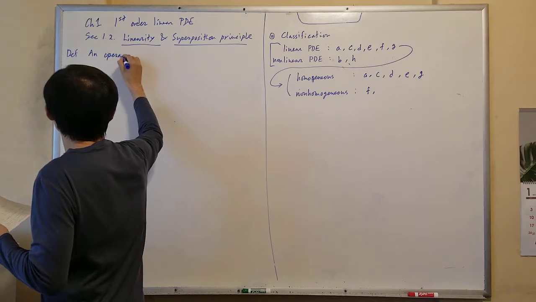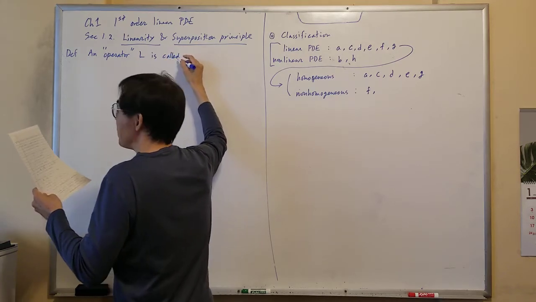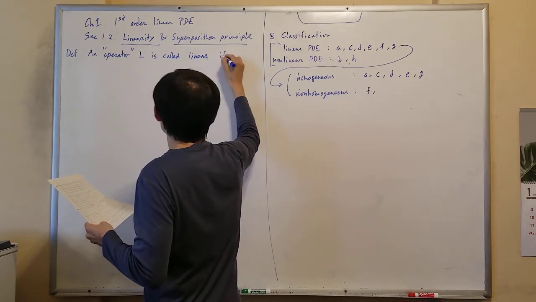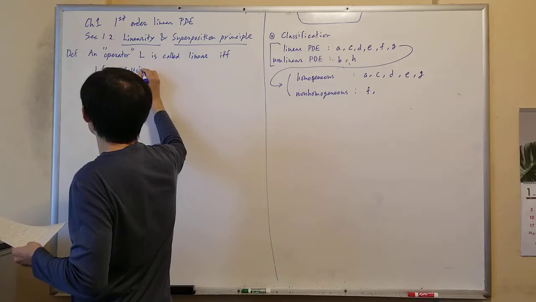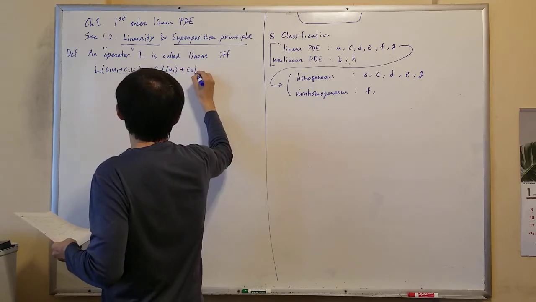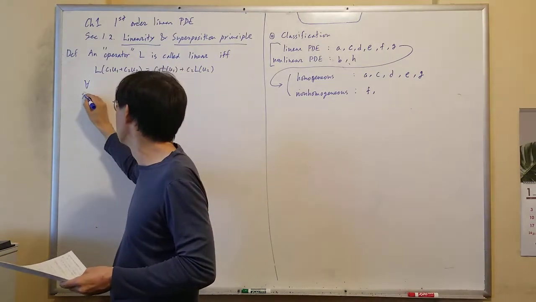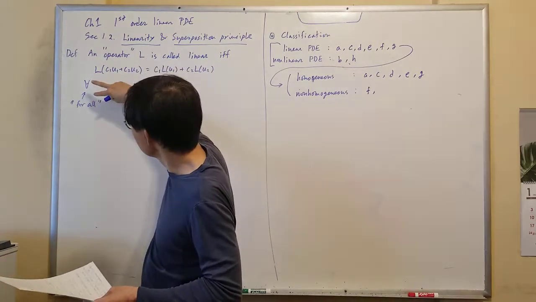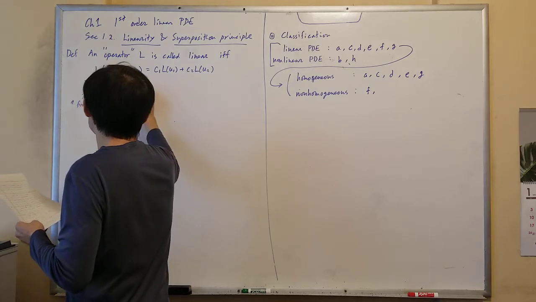An operator L is called linear if and only if the following is true: L of c1 u1 plus c2 u2 equals c1 L of u1 plus c2 L of u2, for all, this upside-down capital A stands for "for all", c1 and c2 in the real number system.